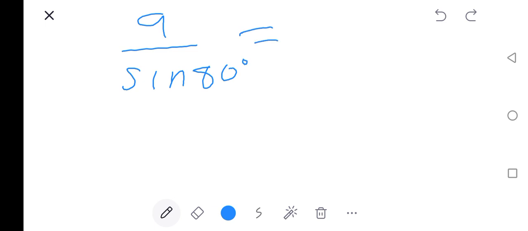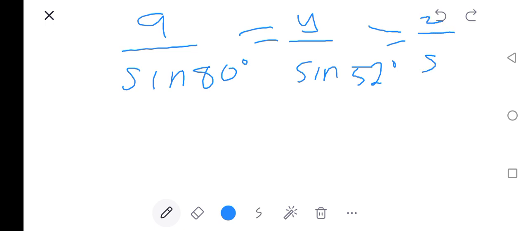So we are saying our small x is 9 over sine 80 degrees. Our y we don't know. It's what we are looking for actually. Over sine 52 degrees. Our small z we don't know. Over sine 48.